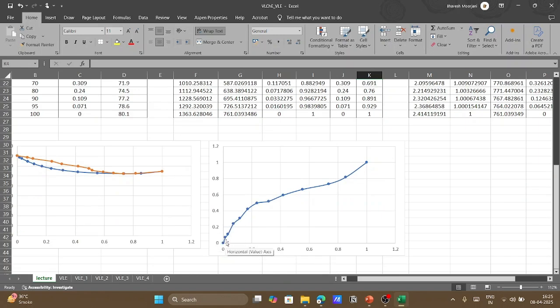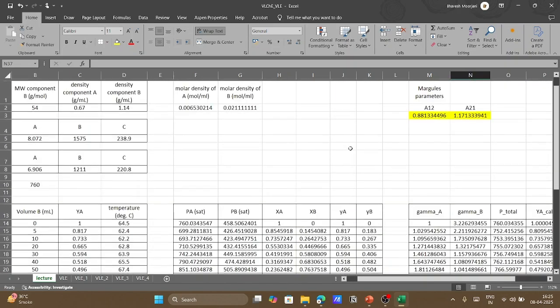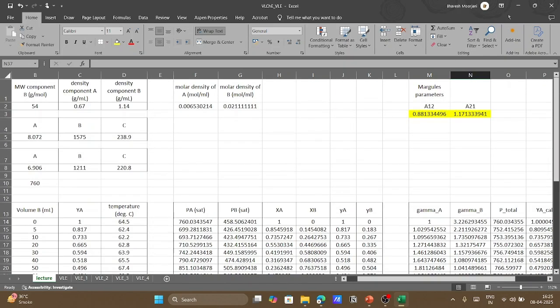So between 0 and 1, take an interval of 0.01, take all the xi values, find the corresponding yi based on the Margules equation, Margules parameter, and modified Raoult's law, and then you will get a much smoother plot compared to this, right? So this is how these theoretical models are useful to compute the VLE data.